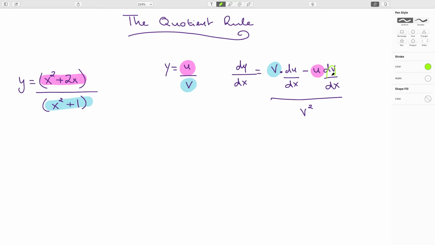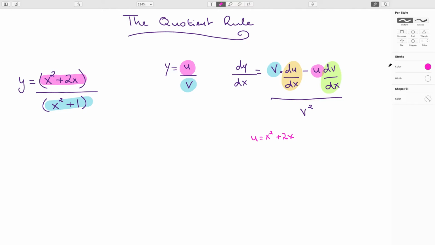And then we have dv dx, which we'll be able to find out if we know what v is, and du dx, which we'll be able to find out if we know what u is. So I'm going to then write out what each of them are for myself. So I'm going to write out u was in pink. What was u over here? Well, u was x squared plus 2x.